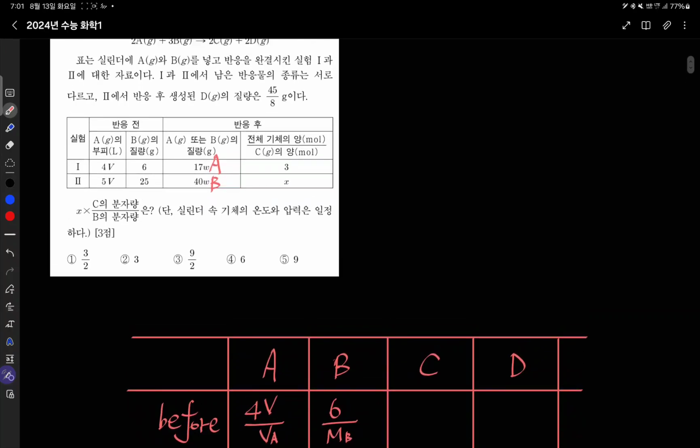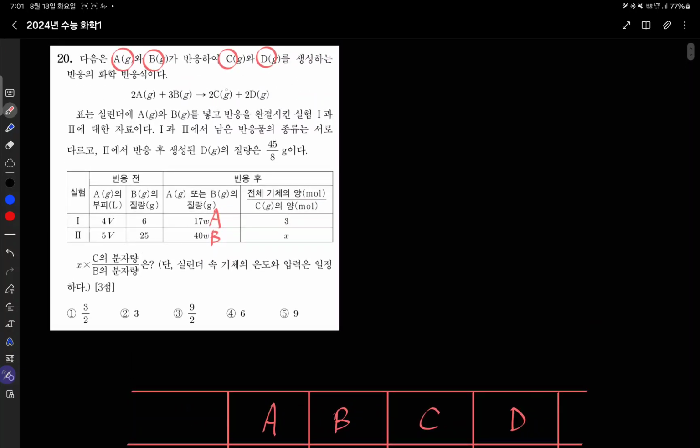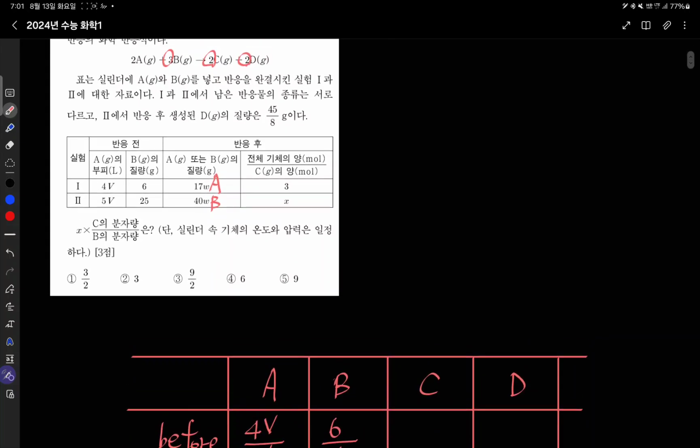That means the amount of C and D produced will be 2/3 of the amount of B according to the ratio in the coefficients of the chemical formula.